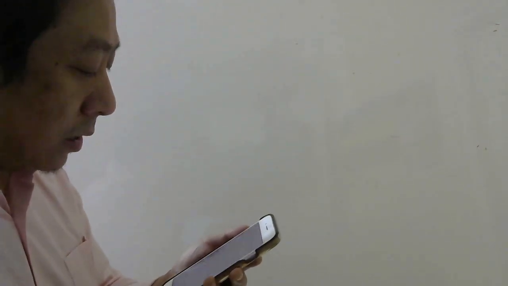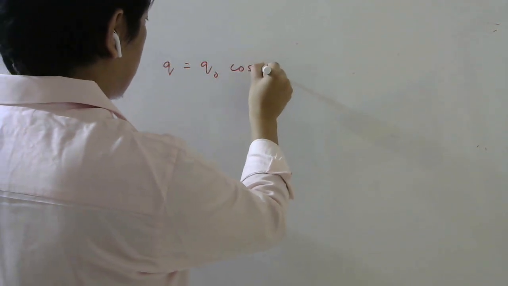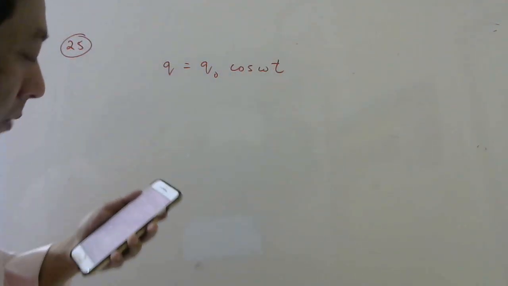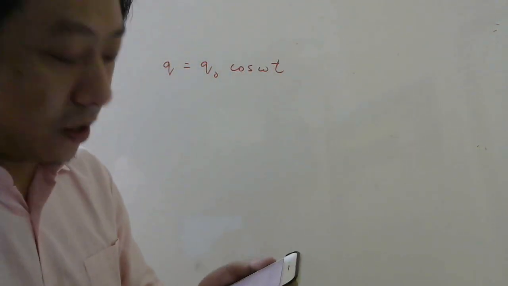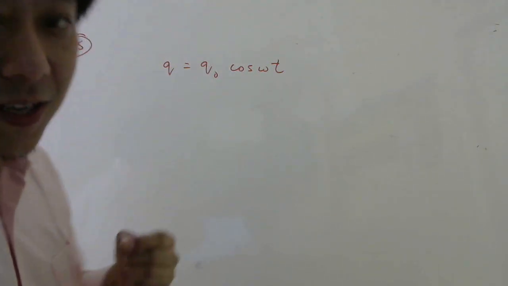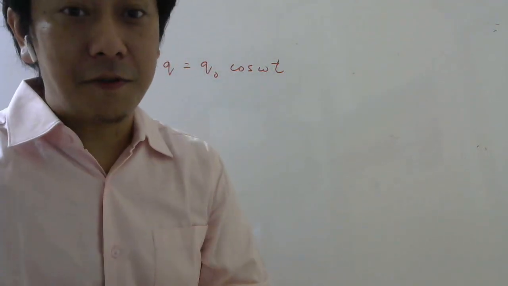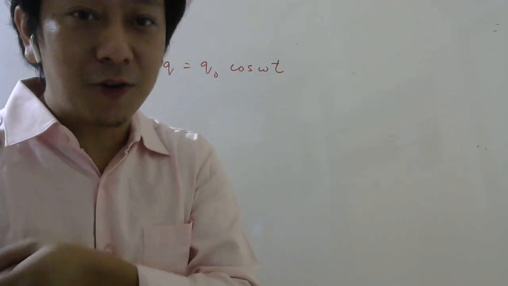So in 25 they are saying the charge on a parallel plate capacitor varies. Charge is varying. The plates are very large and close together. The displacement current is displacement current. Now see, don't start writing the formula of displacement current, epsilon naught d phi e by dt, then d phi e you have to calculate.